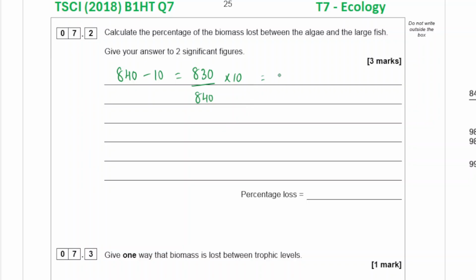That gives me 98.809523. This answer needs to be written in 2 significant figures, so that would be 99.